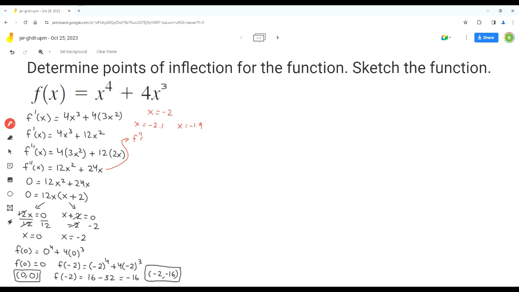So double prime of f at negative 2.1 equals, so we get 12 times negative 2.1 squared plus 24 times negative 2.1. So now we can evaluate this expression.